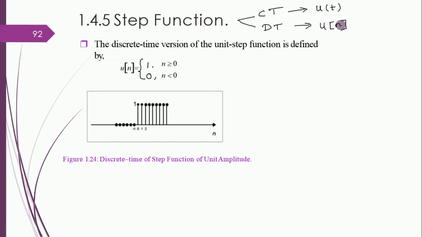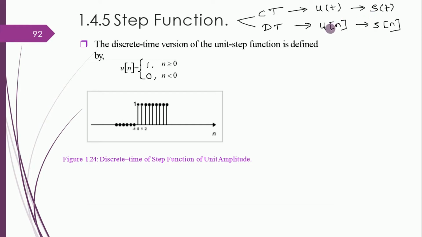In some books they use s of t and s of n. There is a slight variation between these two, and I'll tell you the difference. Some authors use these notations interchangeably.